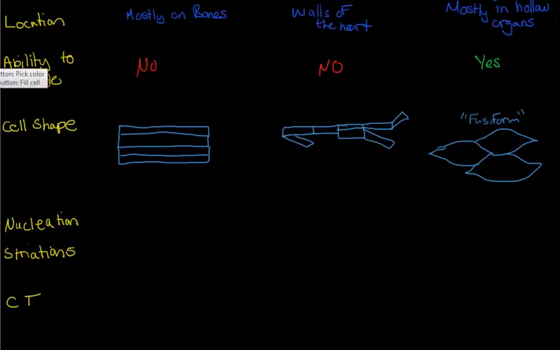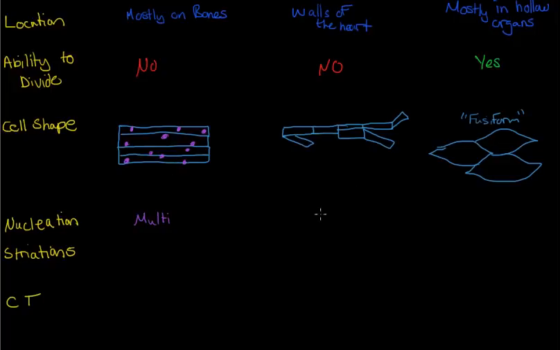For the nucleation of each of these cells, skeletal muscle is going to be multinucleate, as we talked about before. So you're going to see many nuclei along the cells. This has to do with how they're created in development.